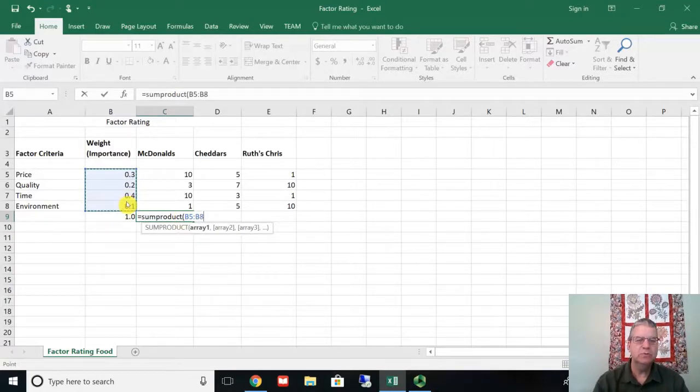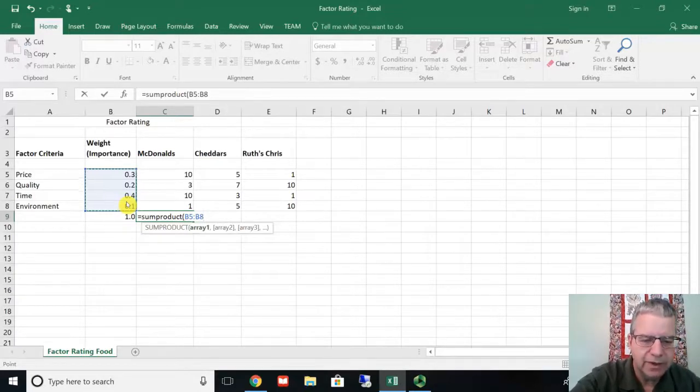And this is a situation where I know I'm going to copy this formula over to Cheddar's. So the weights are always going to be here in column B. My scores are going to be in column C for McDonald's, column D for Cheddar's, column E for Ruth Chris. But the weight or the importance stays in column B. So I need to use one of those absolute references where we put the dollar signs in front of the numbers.